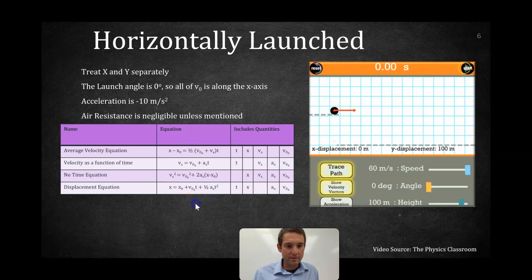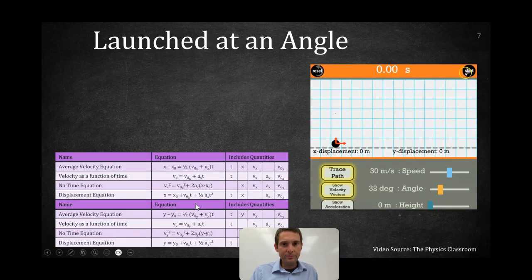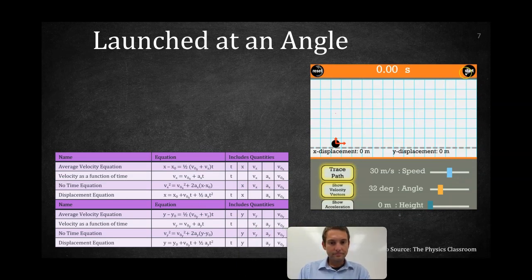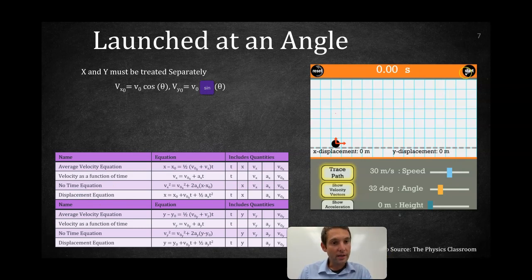For the next type of problem, we have a projectile that's launched at an angle. Remember, x and y must be treated separately. The initial velocity in the x is the magnitude of the initial velocity times cosine of the angle. The initial velocity in the y is the initial velocity times sine of the angle.